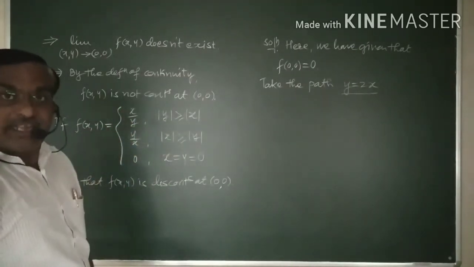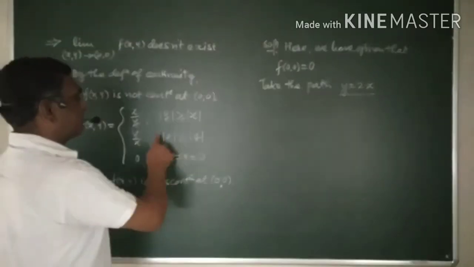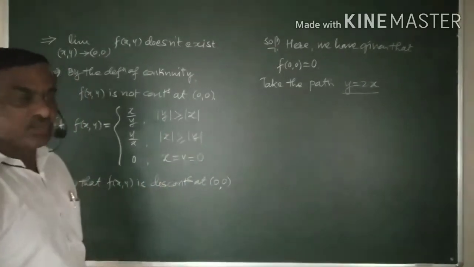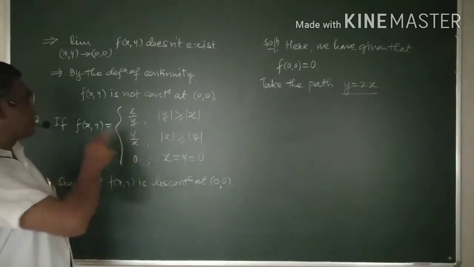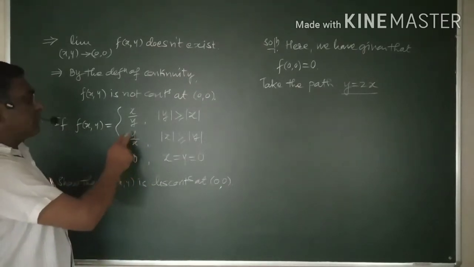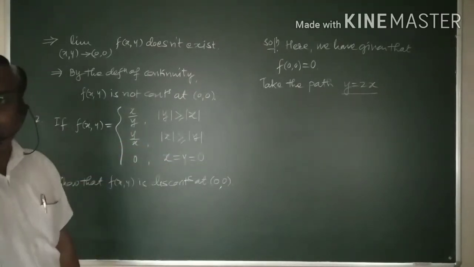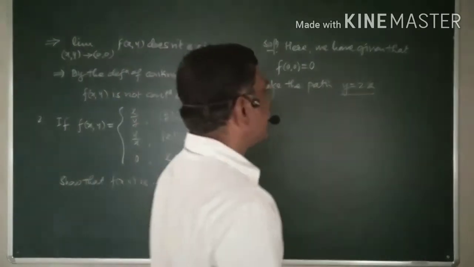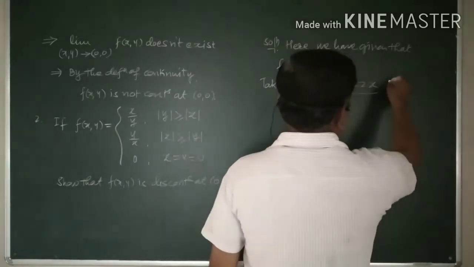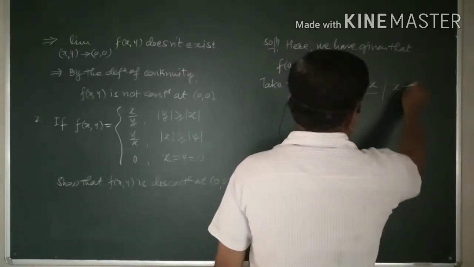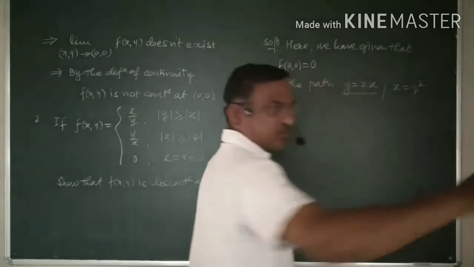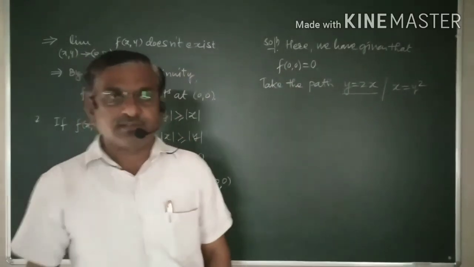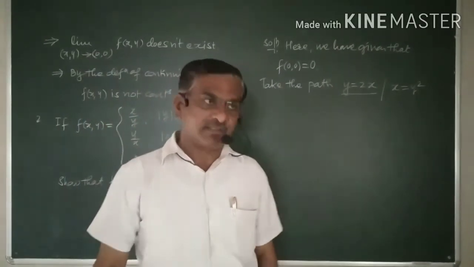If I choose another path that satisfies the other condition, then you need to consider the function f of x comma y as y upon x. Instead of this one, you may take another one, x is equal to y square and so forth. There are infinitely many paths.